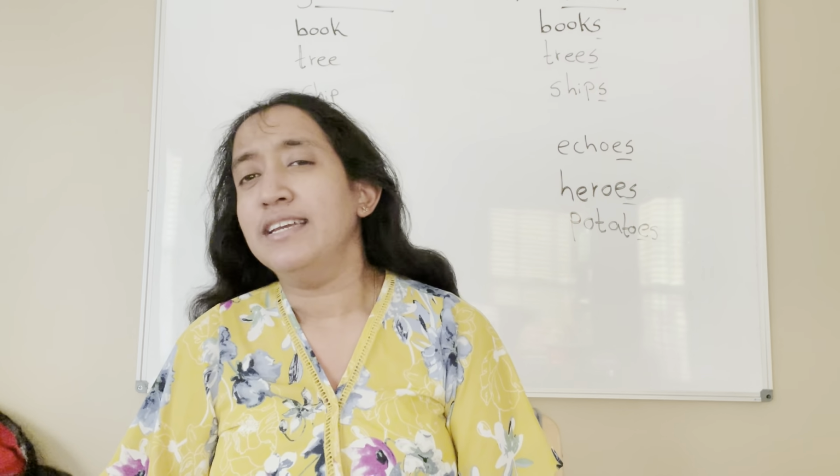These are the countable nouns and these words belong to the regular word category. If we take the word echo, we can make it a plural by adding es. Echo, echoes. The doctor did an echo. The doctors did some echoes. Hero, heroes.